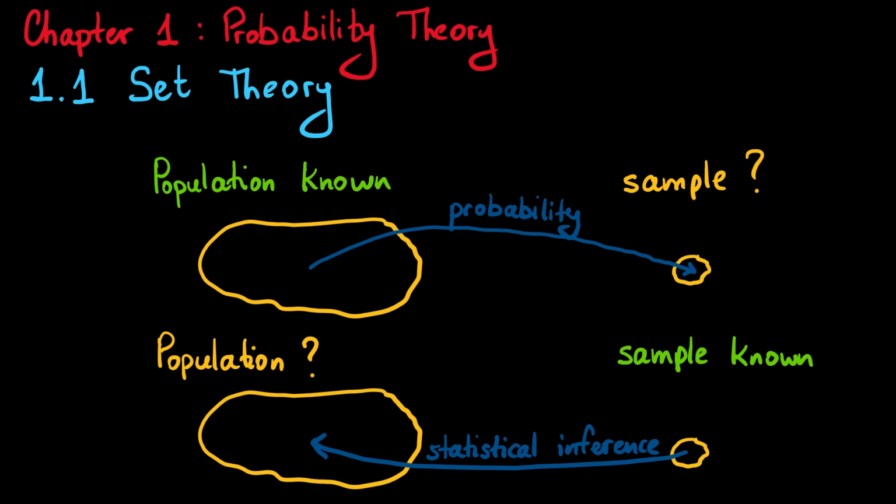Now, if we were to go the other way around, and we started with a known sample in hand, and we wanted to reason back to what the population from which it was drawn might look like, that's where we'll use statistical inference. So you see that in order for us to do statistical inference, which is the title of this book, we'll need probability, and then it is no surprise that this book spends the first half on probability and the second half on statistical inference, and that's typical of all statistical inference books, because we need probability as a foundation for statistical inference.